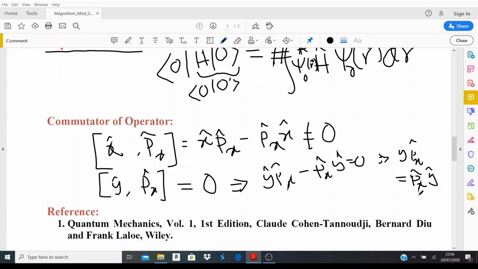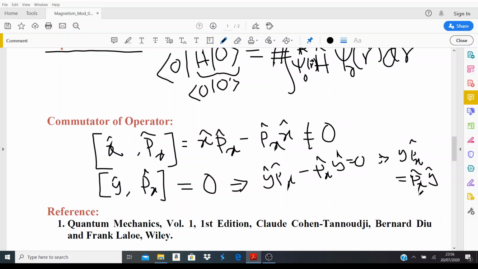The important message here, in the diamagnetic calculation, we will see there are some operators and we need to change their order. But before doing that, you always, in quantum mechanics, have to be careful whether the operators you are changing in order are commuting or not commuting. If they don't commute, you have to be really careful, right? That's the central point we need to bear in our mind.